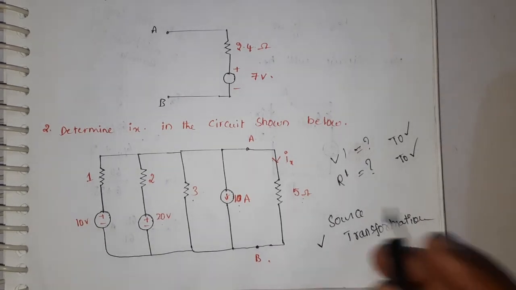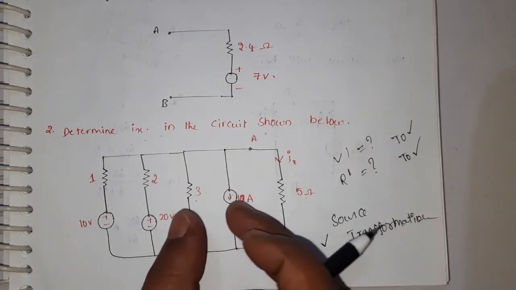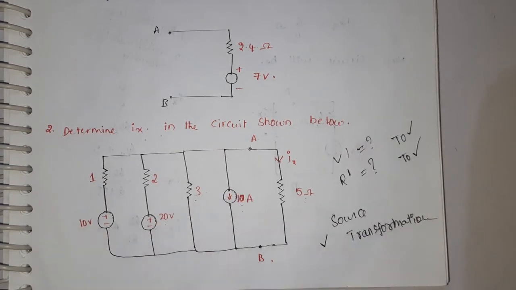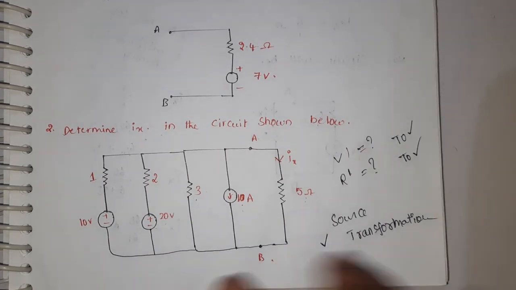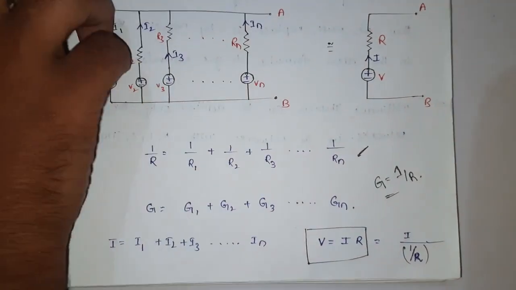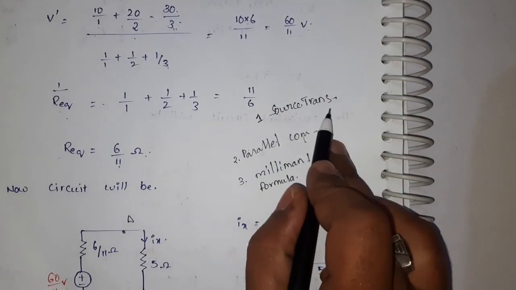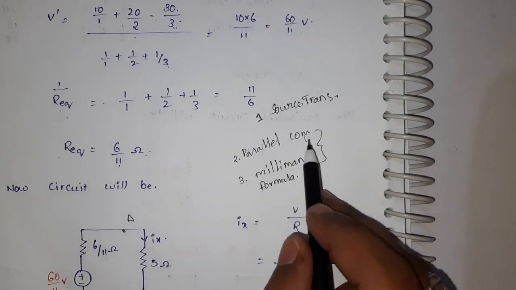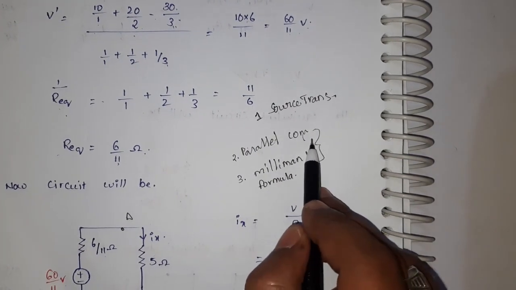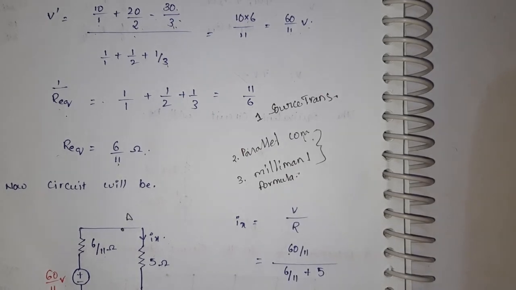We need to apply source transformation to convert this 10 ampere current source into a voltage source. Then we'll find current Ix. So what are all the steps involved? Applying source transformation technique, parallel combination of resistance, and applying Millman's formula for this circuit.